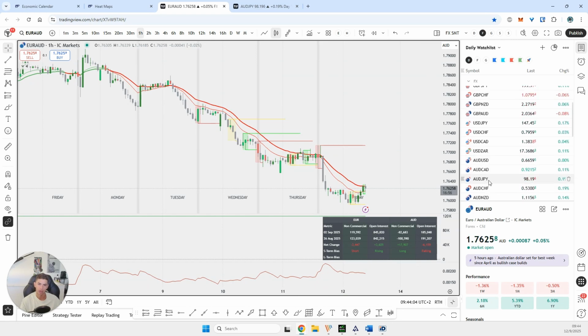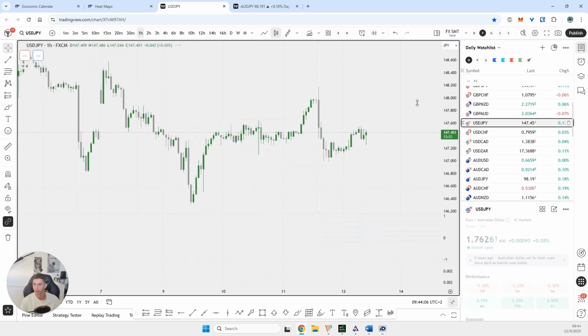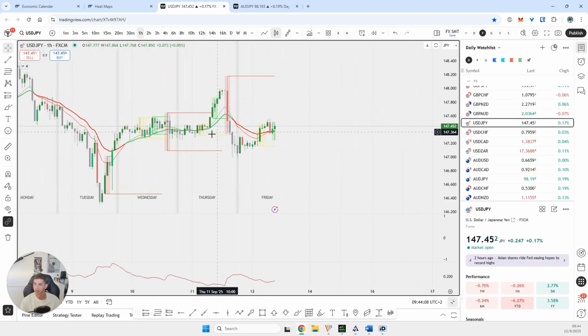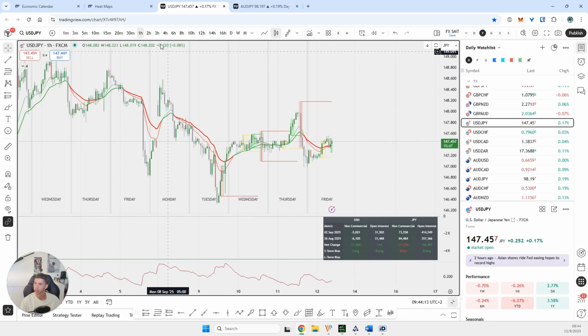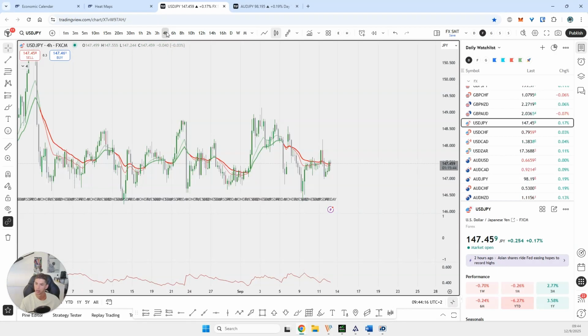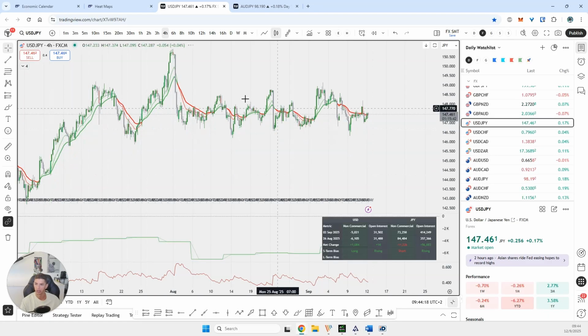USD CAD, USD CHF, USD JPY. As expected, both weak, they are there, moving sideways, nothing defined. On the 4 hour, sideways, rangy, awful.